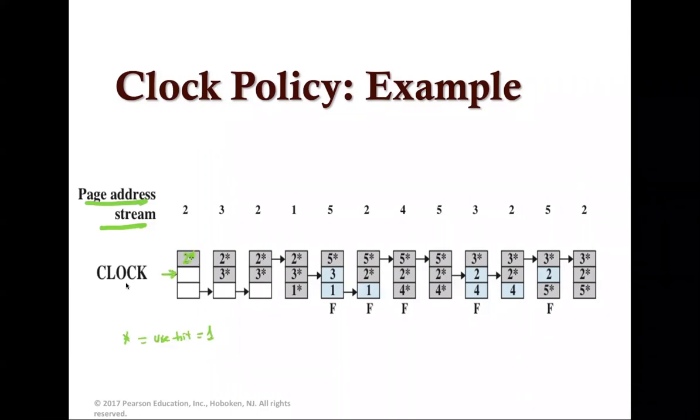And then 3 arrives. So 3 will occupy where the pointer is pointing, and 3 will be easily added to the main memory, and the pointer will be shifted to the third location. Now we have reference access to 2. 2 is in the main memory, so there's no need to load a page into memory. Now we have a reference access to 1, where the pointer is pointing. The pointer is pointing to the third spot over here.